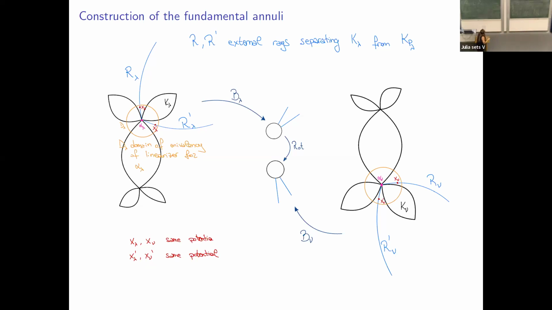So if my polynomial-like map goes here, this is my field Julia set. Well, let's make the construction on the blackboard because I made this slide for Pisa because I couldn't use the blackboard, but now I can, so I'm very happy.